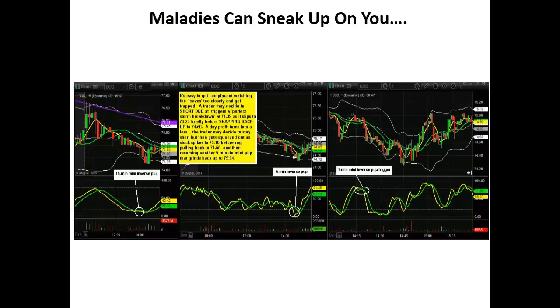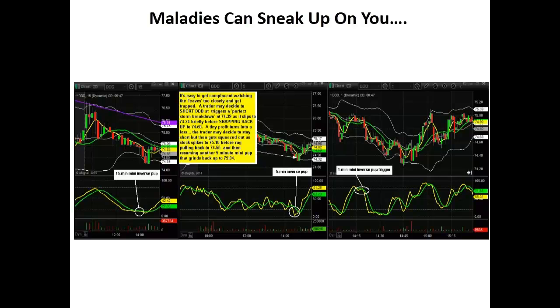And this is an example on DDD. It's coming into the end of the day, and around that 2:30 time frame, you may have been watching DDD, whether you jumped in or not, and you saw how DDD has been selling off from the mid 75s on the 15-minute downtrend with mini inverse pups.